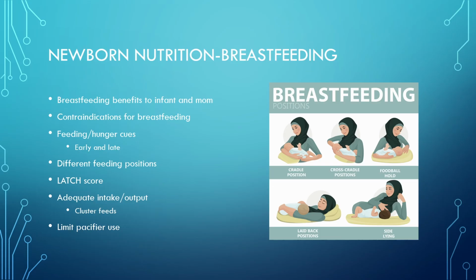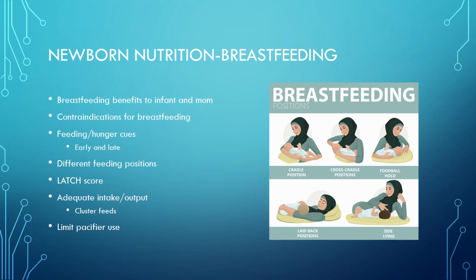You look at the type of nipple that mom has, the comfort or how comfortable she is, if there's pain with it, and also the hold. So is mom able to hold baby herself, or does she need a lot of assistance? And that's out of 10 points. If you're at the hospital working, you should assess at least one feeding a shift and do a latch score to see how it's going.